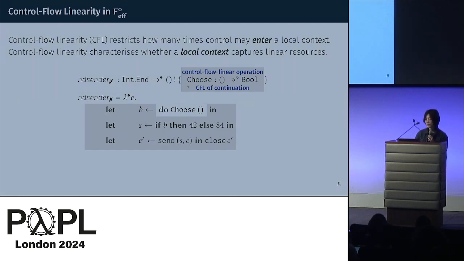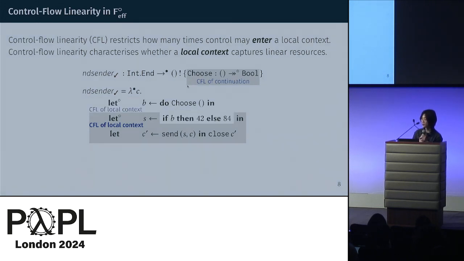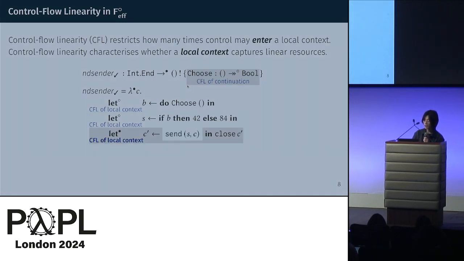And on the terms, we also annotate let bindings with the control flow linearity of the local context they introduce. So for the first let binding, the local context introduced is exactly the continuation of truth, and it is linear because it captures the linear variable C. And for the second one, it is also linear as it also captures C. And for the last one, it can be unlimited because it does not capture any linear resources from outside.